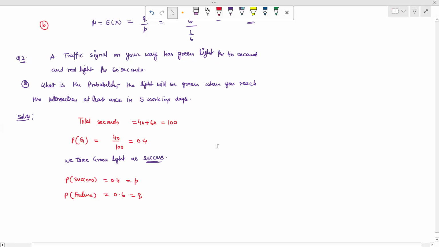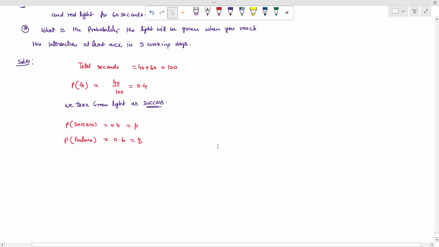After writing the probability of success and failure, we generate the random variable x, where green is the success.